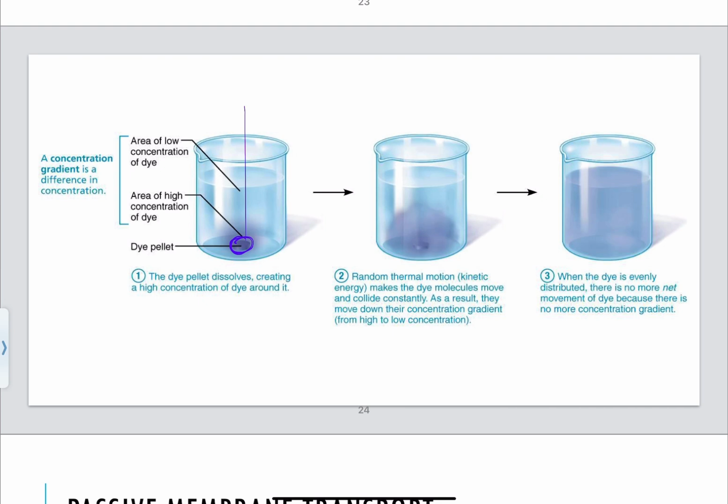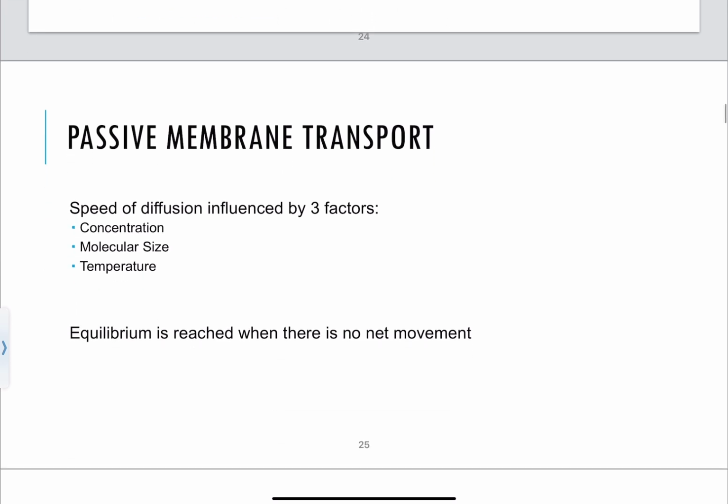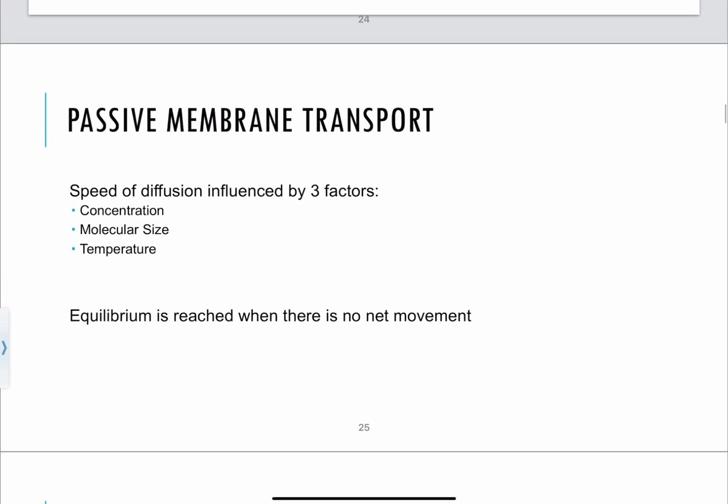And the whole purpose of diffusion from high to low is it continues to do that until we have an equilibrium. So it doesn't matter in this beaker if we were to take a sample from here or a sample from here, the concentration should be the same. So how quickly something diffuses is going to be influenced by three different factors: the concentration, the size of the molecules that we're trying to diffuse, and the temperature.